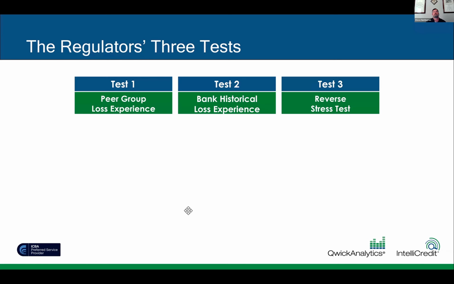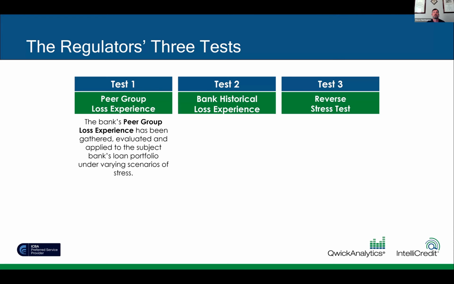And the Great Recession, that last industry stress period, can be either defined by default or you can go in and customize that. But once we aggregate all of your peers' historical loss experience, we apply it to your loan portfolio going forward. So we take their loss rates and apply it to your current balances to make it applicable to your institution.